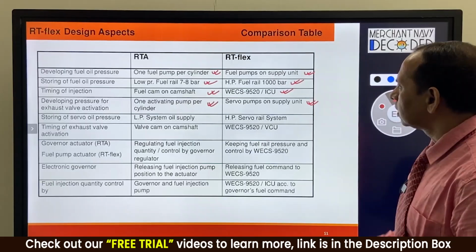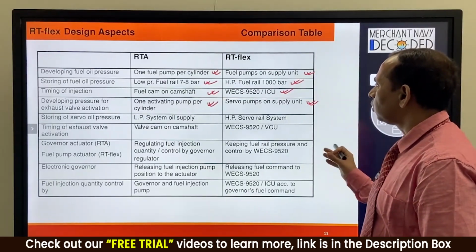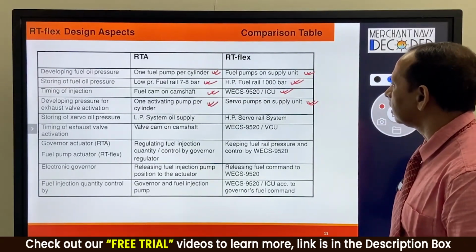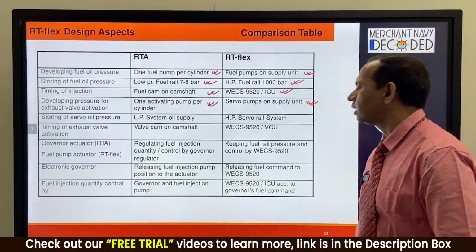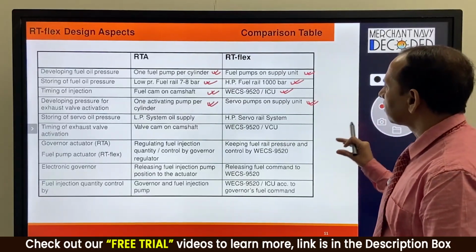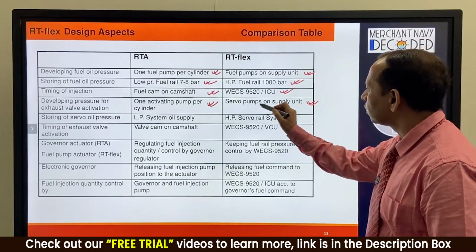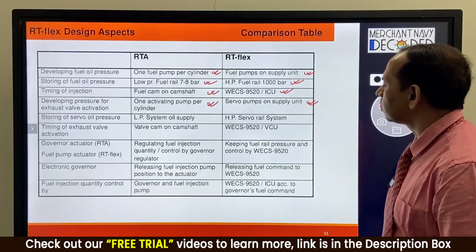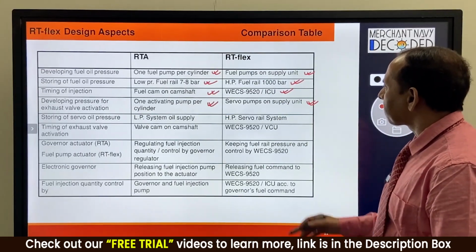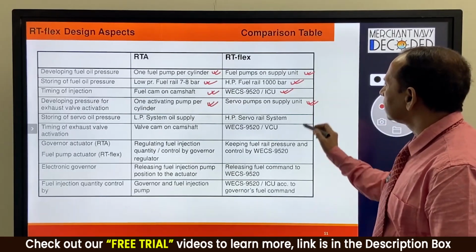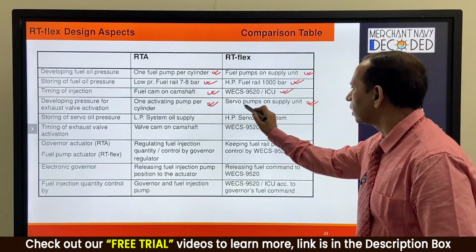The servo pump which is mounted next to the flywheel side is going to generate 200 to 250 bar pressure supplied on a common rail, and this rail is going to connect to the individual exhaust valve hydraulic pipe, and this is controlled electronically.